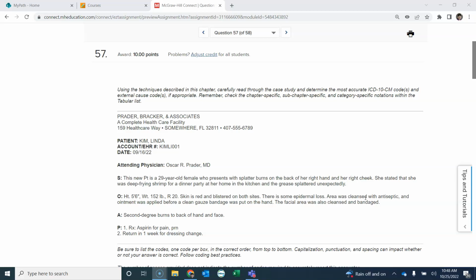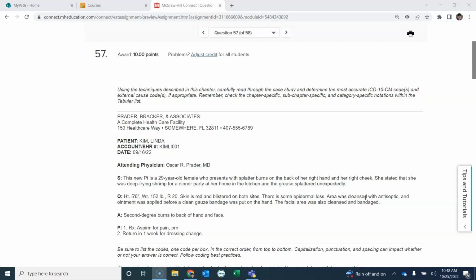Contact with hot. And then if you look under hot, you scroll down, it says contact with hot, then there's an indentation for oil. And then in parentheses it says cooking, X10.2.